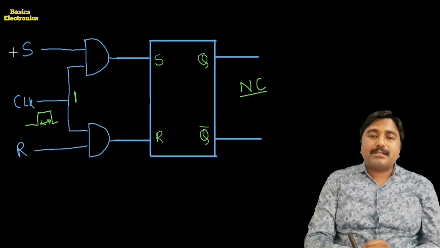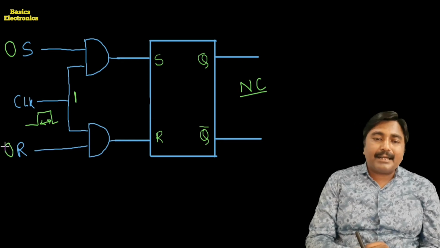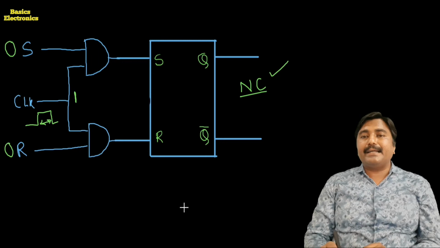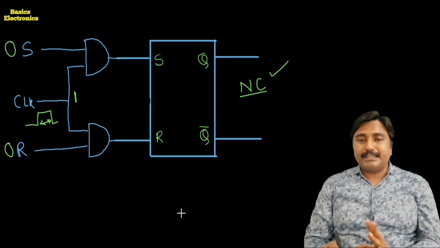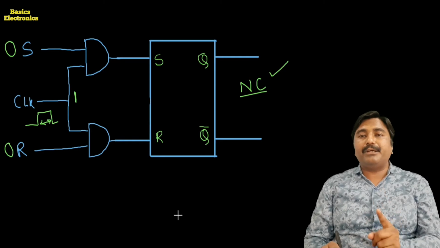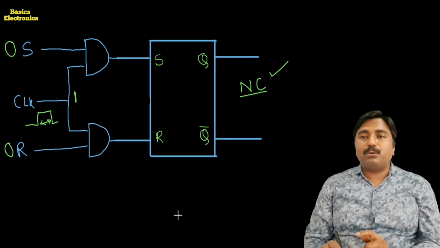Now suppose S input is equal to 0 and R is equal to 0. Again we get the no change condition. This no change condition occurs because of the application of S equal to 0 and R equal to 0.